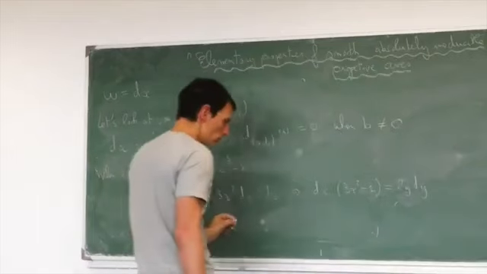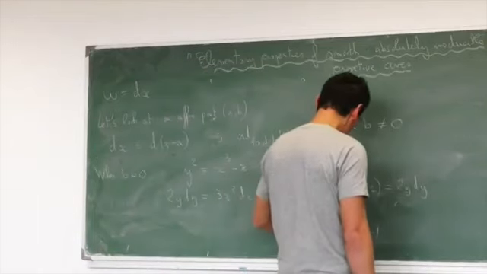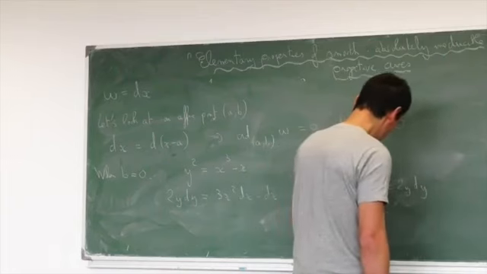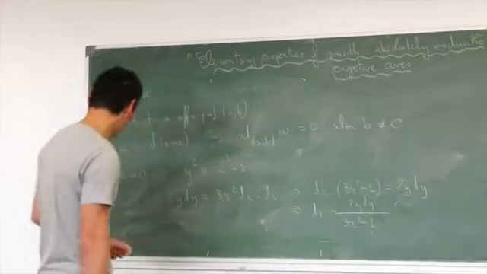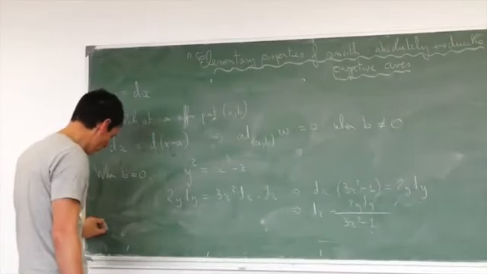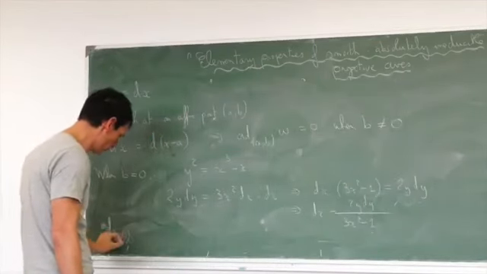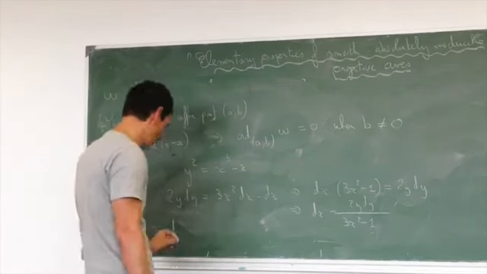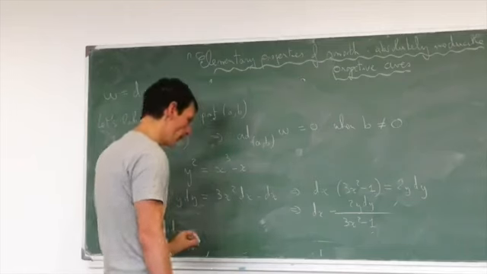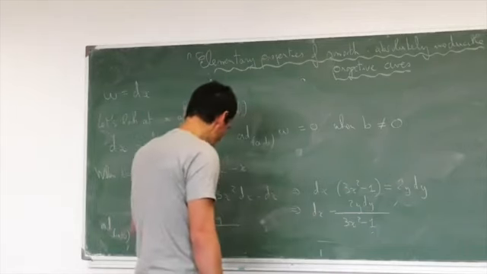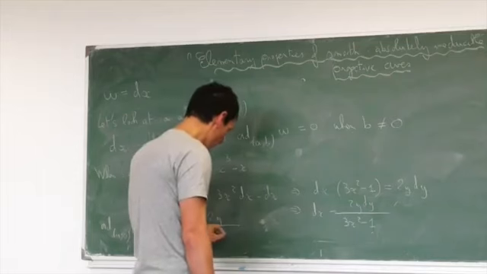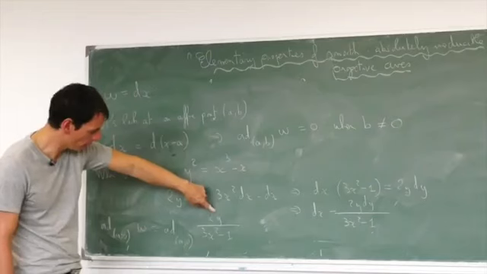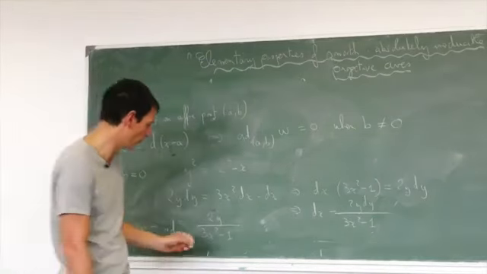So dx is 2y dy over 3x squared minus 1. And now I'm done, because the order at a point a0 of omega is going to be the order at a0 of 2y over 3x squared minus 1. y is the uniformizer, so its order at the point a0 is 1, so this is 1.